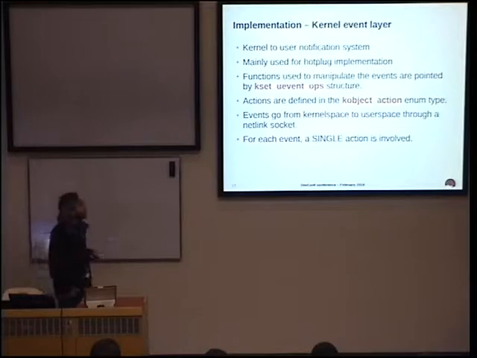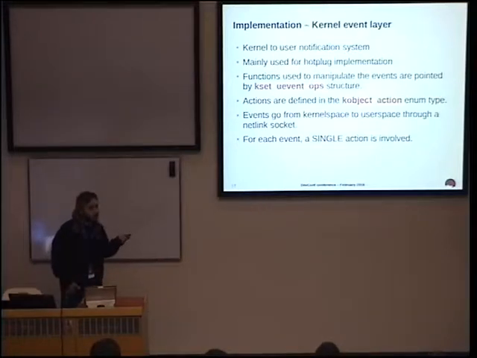When you are sending an event to user space, you must use one of the already predefined actions. It has a netlink socket that connects the kernel space to user space. And one important thing is that for each event, only a single action should be involved.